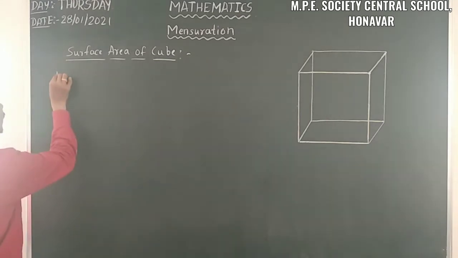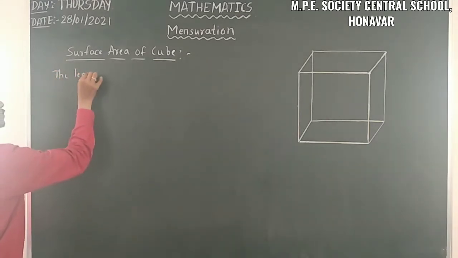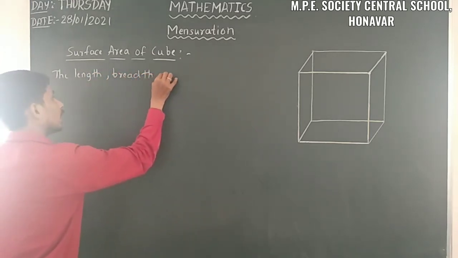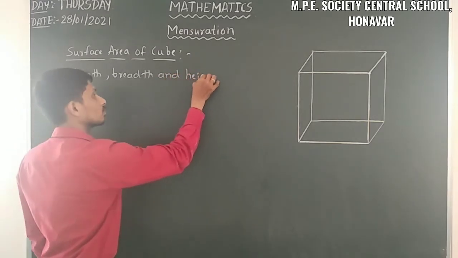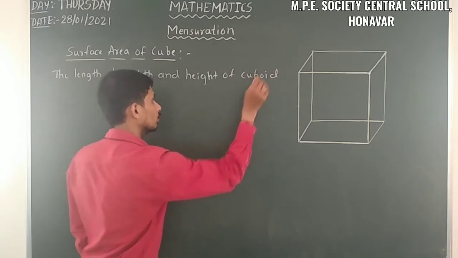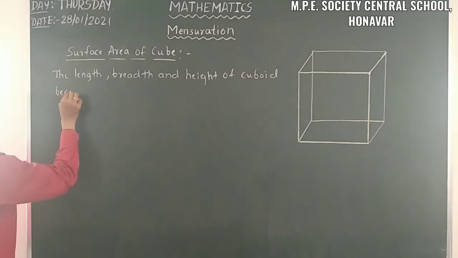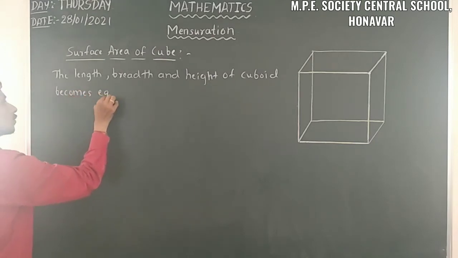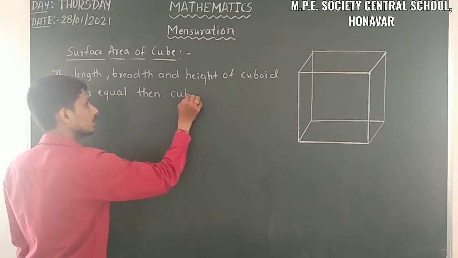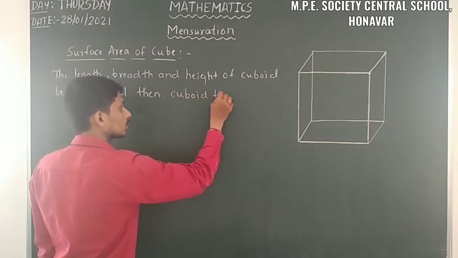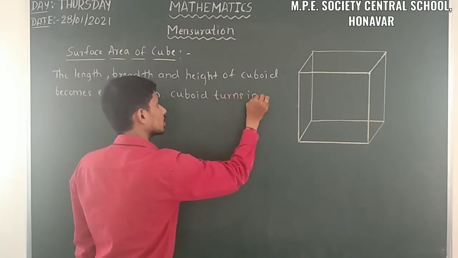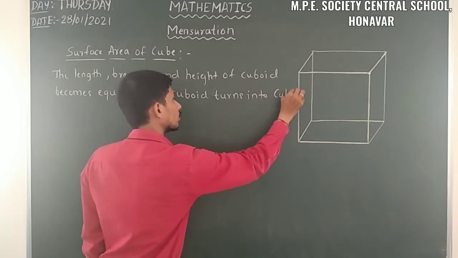The length, breadth and height of cuboid become equal, then cuboid turns into cube.